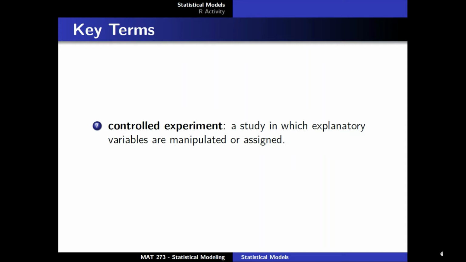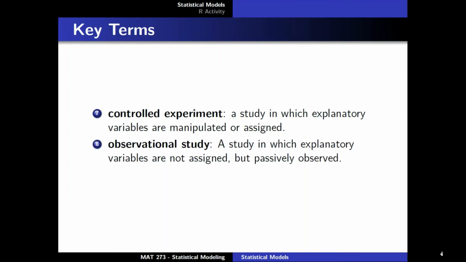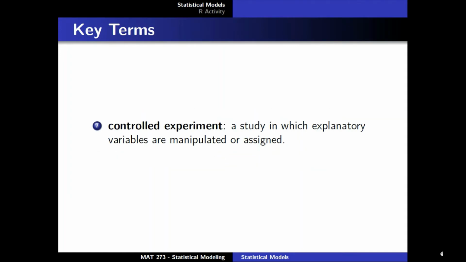So another key concept is a controlled experiment. A controlled experiment is a study in which our explanatory or predictor variables are changed or actually manipulated by the researcher. So a common example of this, usually what pops into your head, is a scientific research study where you have maybe a clinical trial.